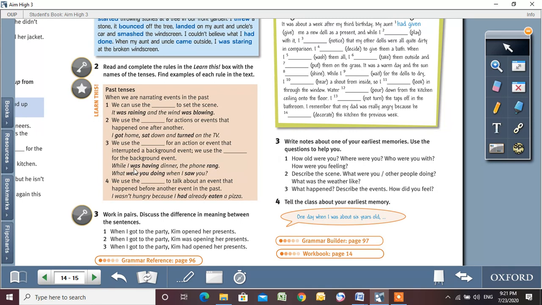Example: while I was having dinner, the phone rang. What were you doing when I saw him? Number 4. We use the past perfect to talk about an event that happened before another event in the past. For example, I wasn't hungry because I had already eaten a pizza.